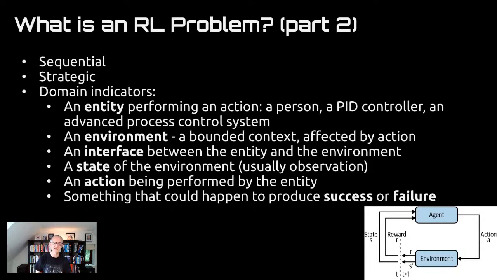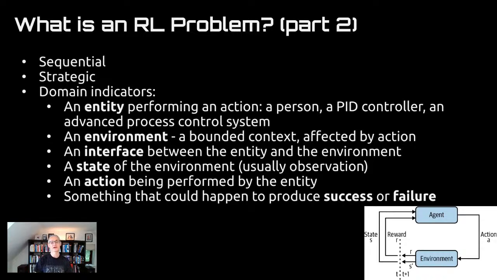Because remember, even though you usually can't see the true state of the environment, you are trying to get a good observation of the environment that gets you closer and closer to that true state. So usually this bounded context gives you a good indication of what is useful and what is not useful.